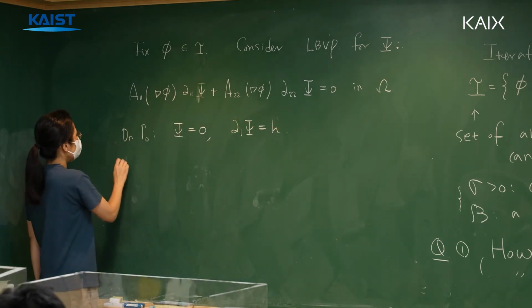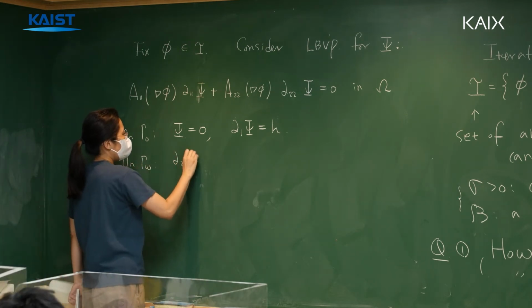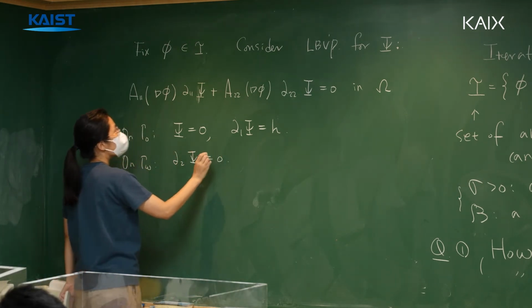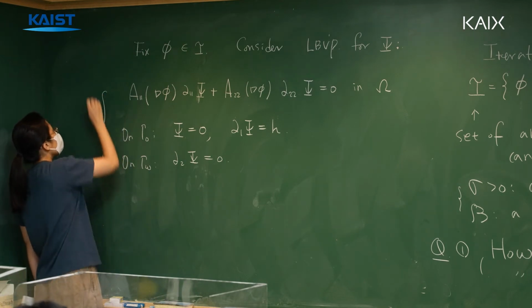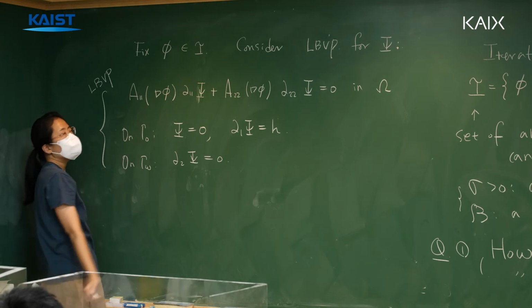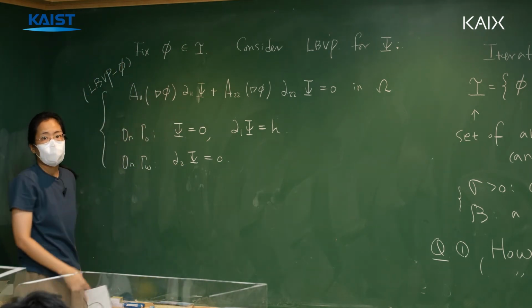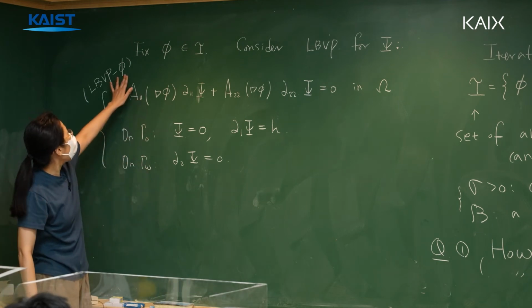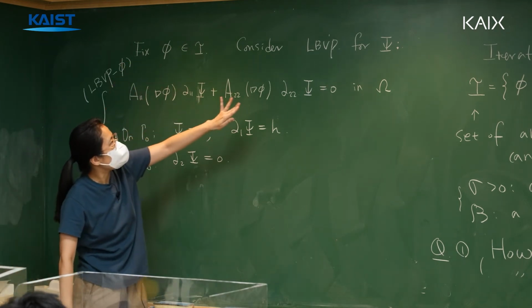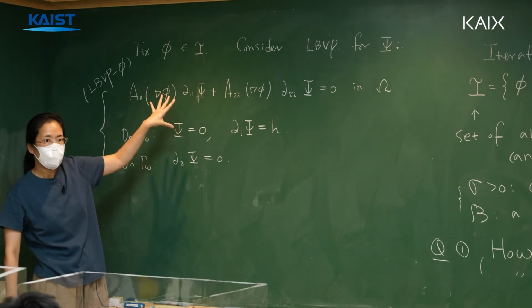And on the wall, D2 psi equals 0. So this is the linear boundary value problem associated with this phi, okay? For each choice of function phi from the iteration set, you get a linear boundary value problem.